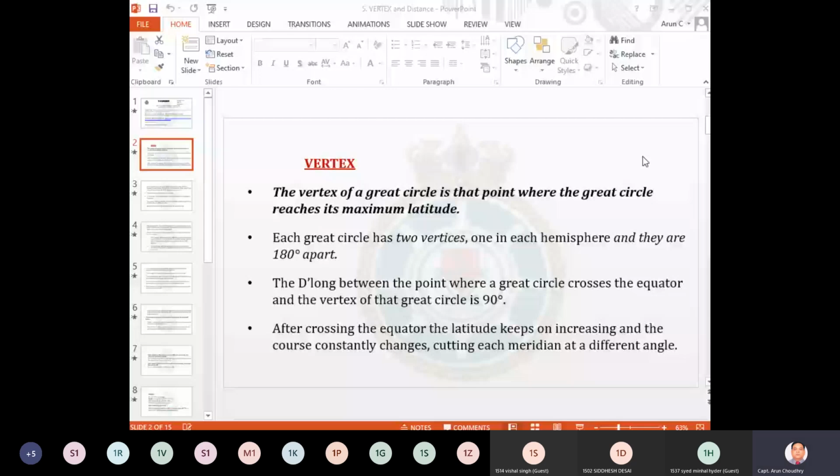Okay, so I assume that nobody has said no, so I will assume that everybody understands what the vortex is. Then I'll just go through it quickly. Each great circle has two vortex.